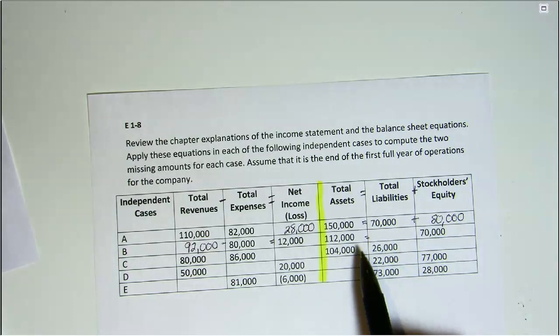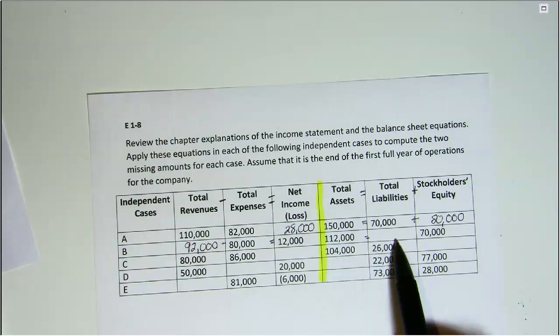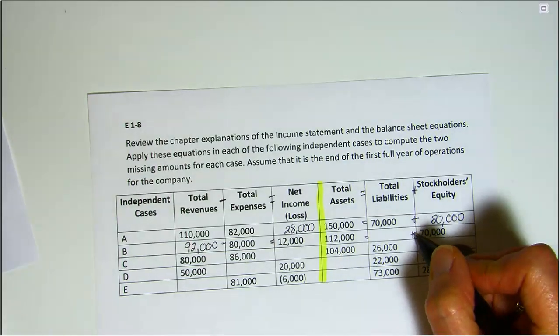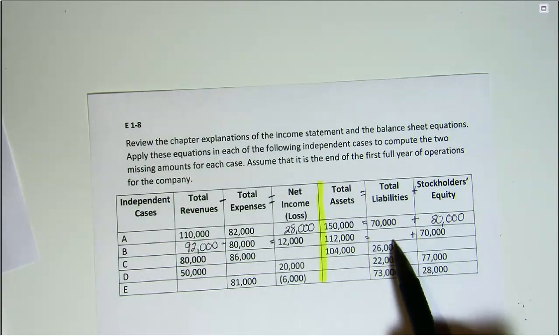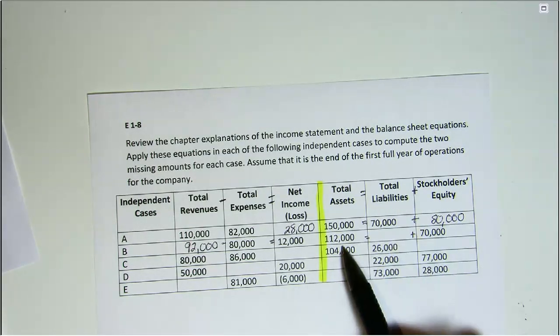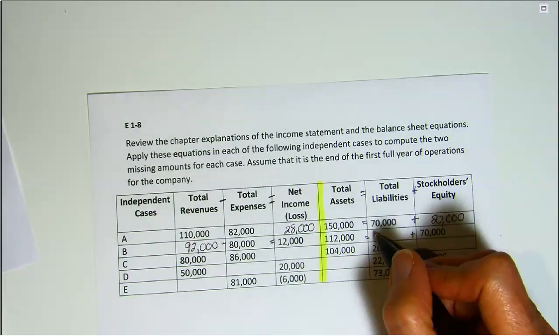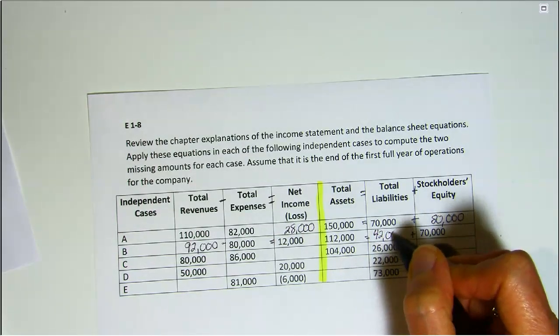For our accounting equation here, or balance sheet equation, $112,000 in total assets equals something plus 70. To find that something, we can subtract. 112,000 minus 70 equals 42,000.